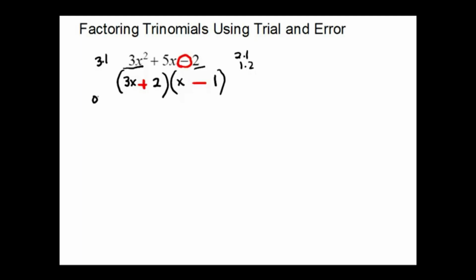We'll check on the outside, minus 3x, inside, plus 2x, gives a negative 1x. This one is totally the wrong number. We're trying to get a 5, so we'll go to the next choice.